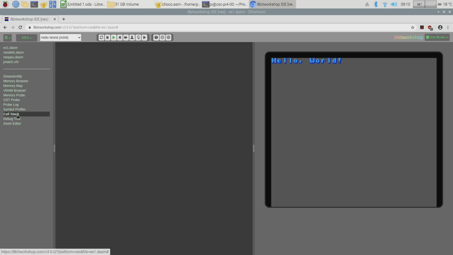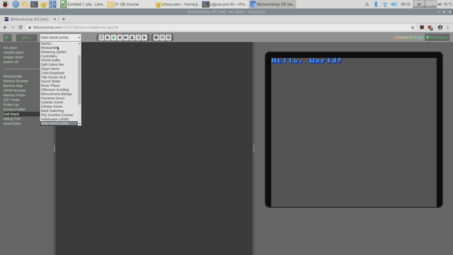And here, there's no call stack on this, because this program just prints hello world and that's it, so nothing special happens. But if we had a more exotic program, let me load in one of the more exotic ones that actually does stuff.